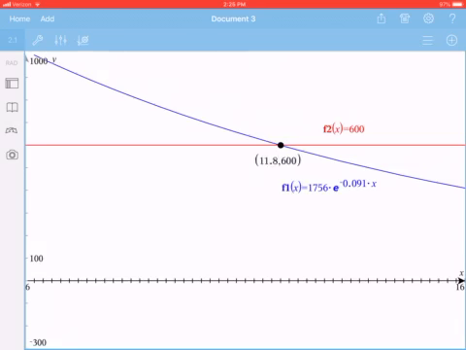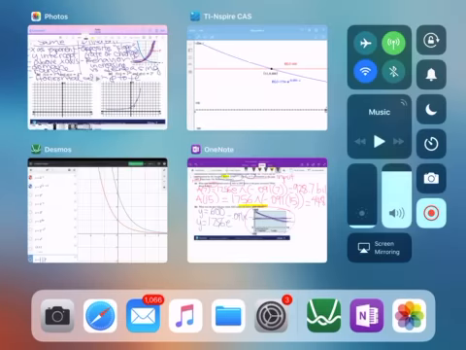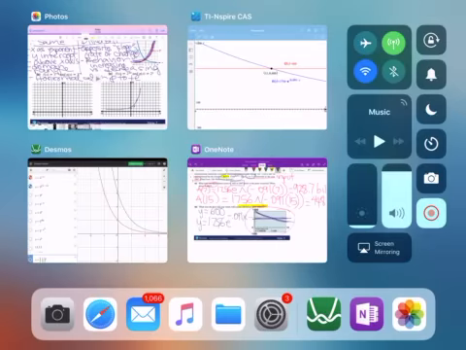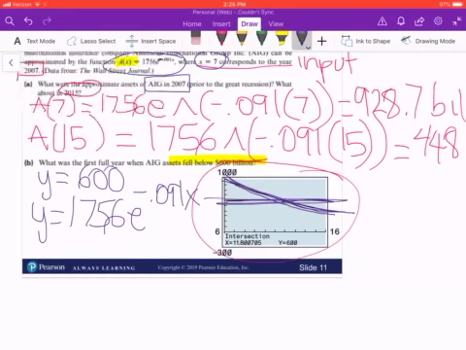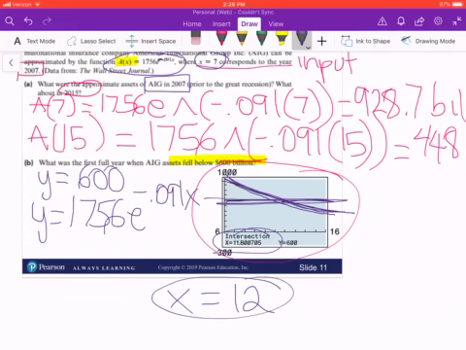Now remember that we are talking about years. So that 11.8 is going to have to be rounded to 12. And so we do this for two reasons. One, because 11.8 is closer to 12, right? But the question also says below 600.